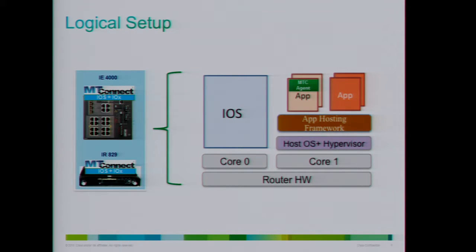If you just run Cisco IOS, it's not utilizing the whole memory and whole CPU. So why not use that for something else? As an example, in these two machines we have 2 cores. So have one core completely for IOS and have the second core enabled to host apps which can do analytics on your machine.